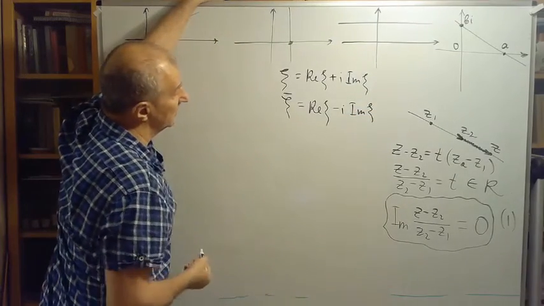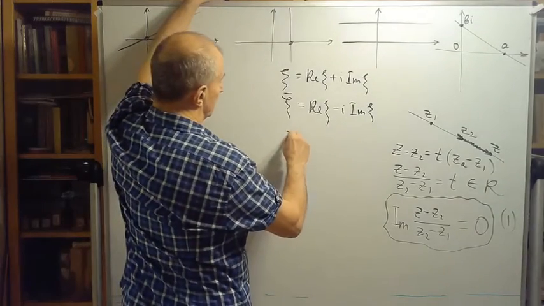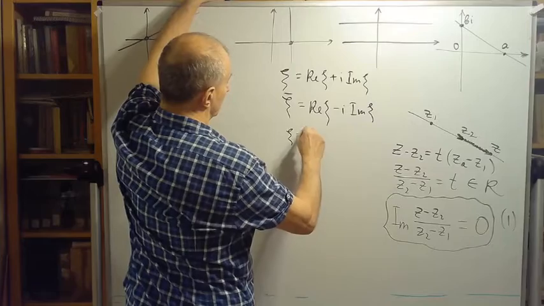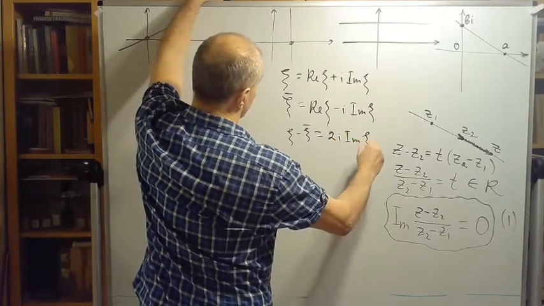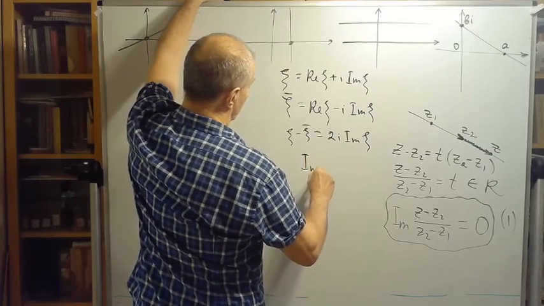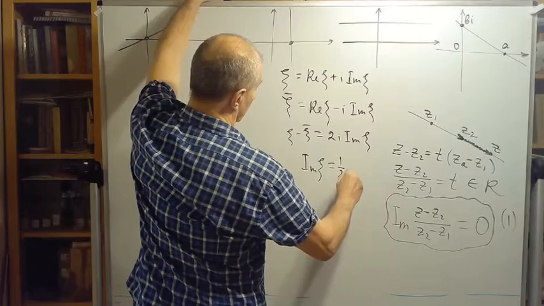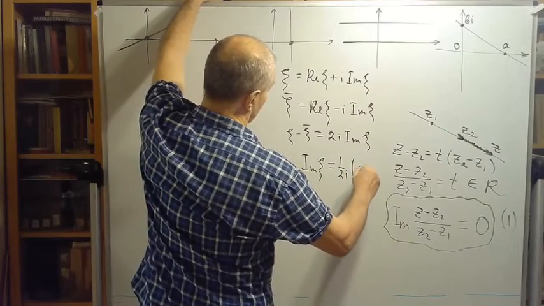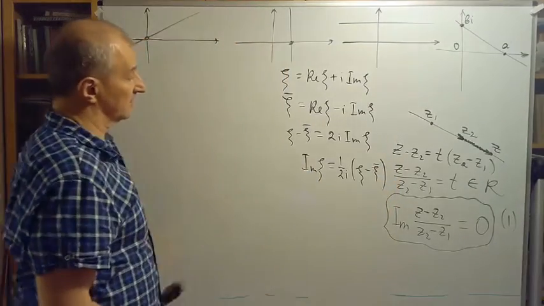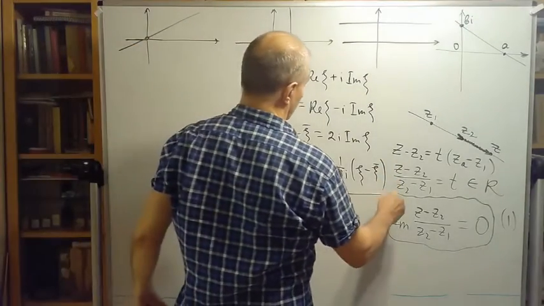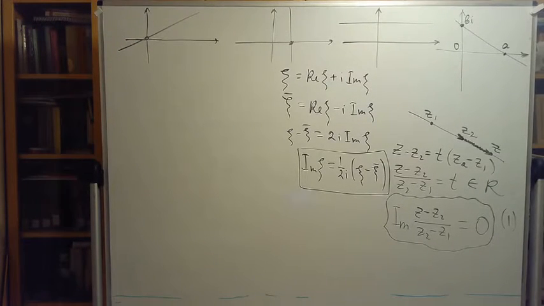If you subtract one equality from the other, we will receive that psi minus psi conjugate is 2i times the imaginary part of psi. So the imaginary part of psi equals 1 over 2i times (psi minus psi conjugate). And this is a convenient presentation that we are going to use in our consideration.